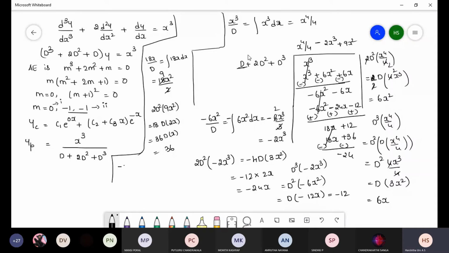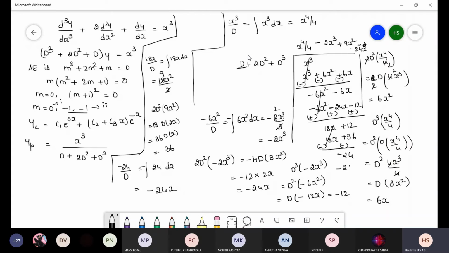Again, minus 24 divided by D means minus 24 dx. The integration of 1 with respect to x is x, so we get minus 24x. The differentiation of minus 24x is minus 24.